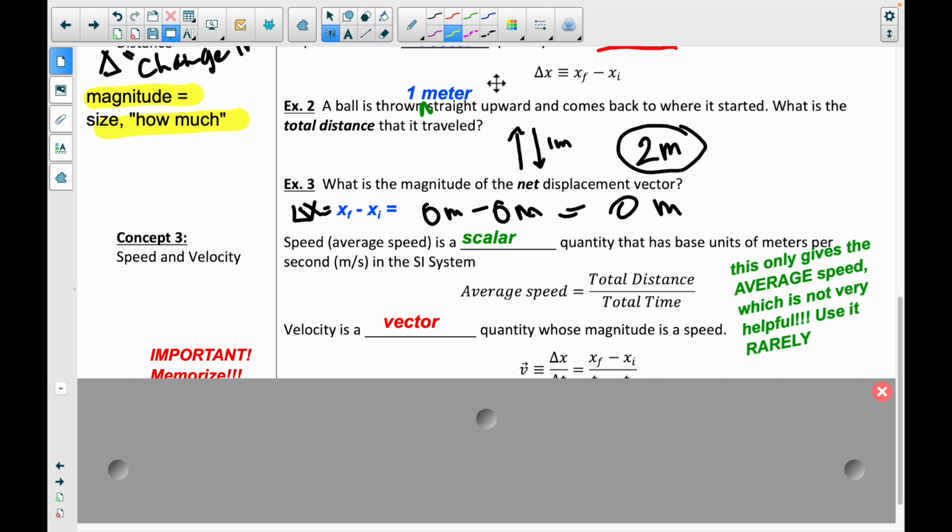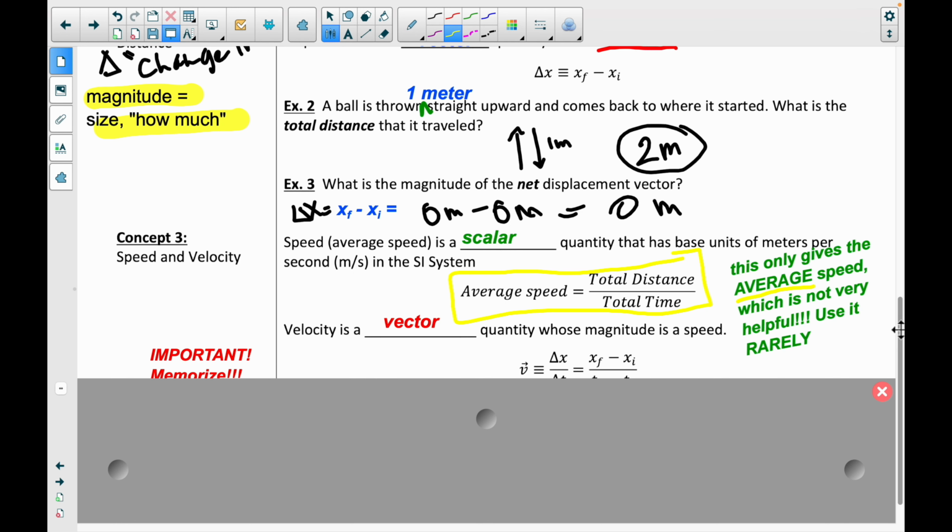Now, I do think that it's important enough that you might, for instance, write it down on your formula sheet. Because it is something that we use, but you really have to use it sparingly because we have other better equations to use. Use this one only when you have an average speed.